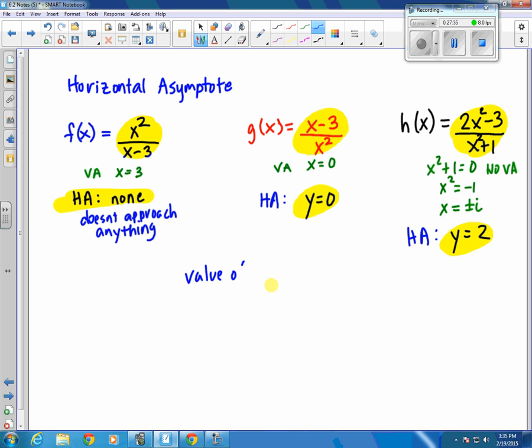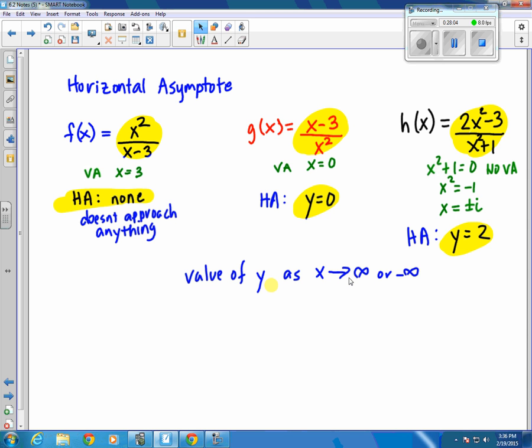Value of y as x approaches infinity or negative infinity. Now I'm going to work with infinity because it's just a little bit easier. This is the very important conceptual part of this. And if you can get this, you'll remember these asymptotes. There won't be a problem.